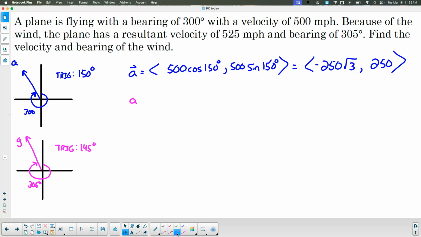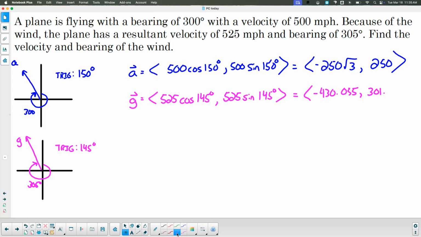So my G vector is going to be 525 cosine of 145, 525 sine of 145, which is going to make that one be negative 430.055 and 301.128.